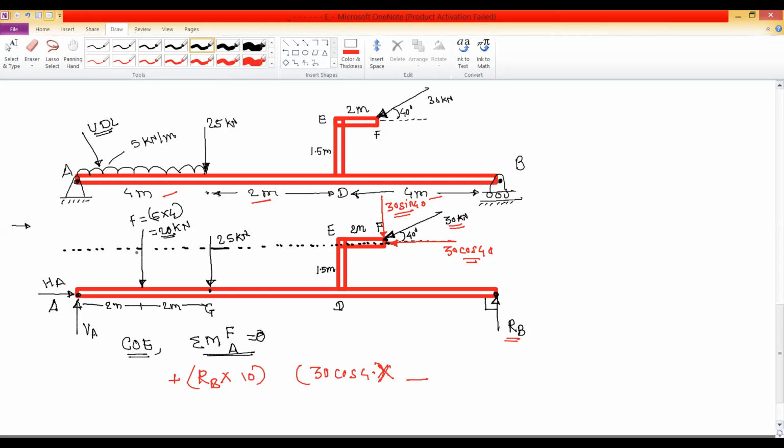I am extending this line just for your understanding. Do not show this in your answer. So this will be the perpendicular distance for the component 30 cos 40, and this distance is nothing but the 1.5 meter. So 30 cos 40 into 1.5. This is the moment, and the direction of this moment will be clockwise.